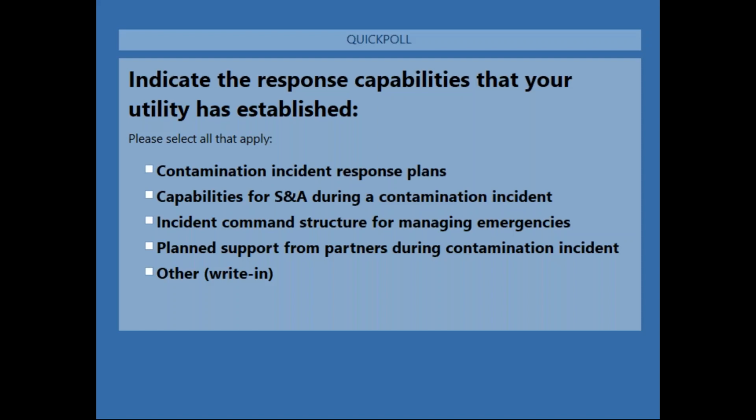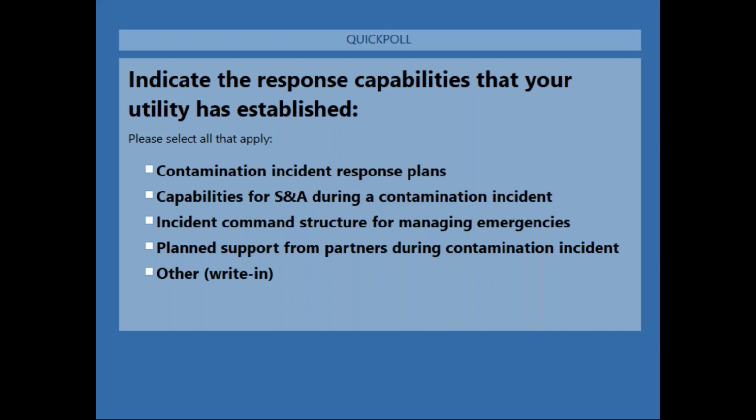And for the response plan, we're aware that most utilities should have an emergency response plan. But consider whether or not you have either an annex to that plan or more specific plans for dealing with contamination. Same thing for sampling and analysis. Every utility has basic capabilities for doing those functions, but do you have the augmented capabilities that would be necessary during a contamination emergency?